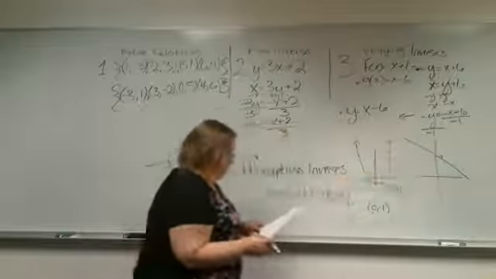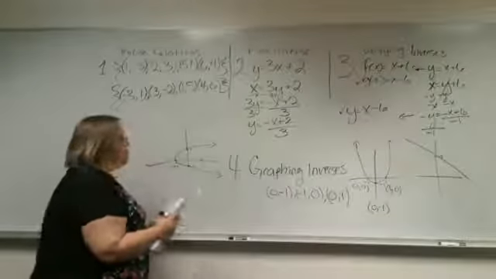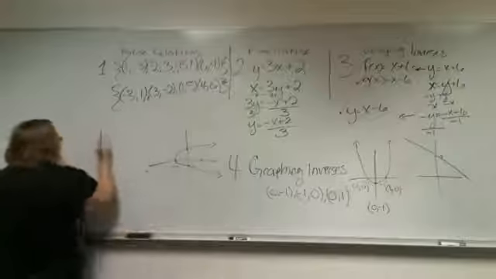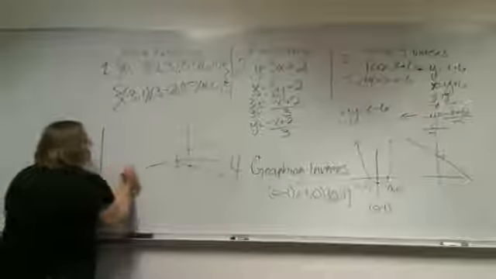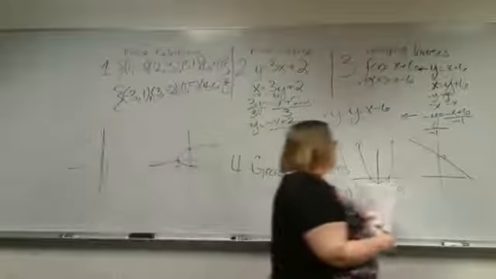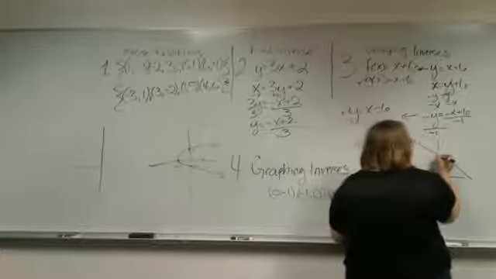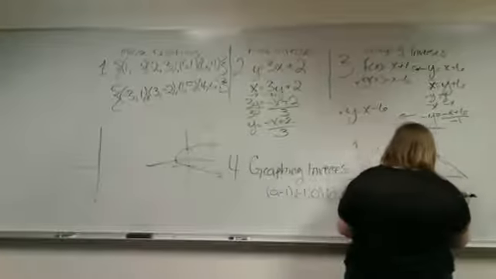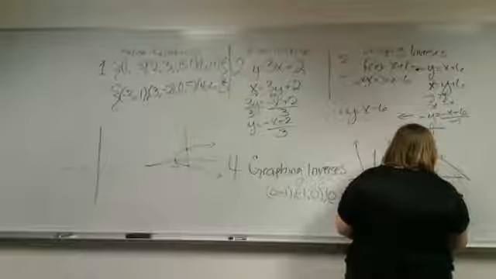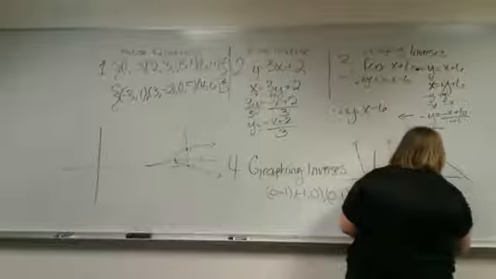Okay? So for this example, we really only have one point that we're sure of, which is 0, 3.